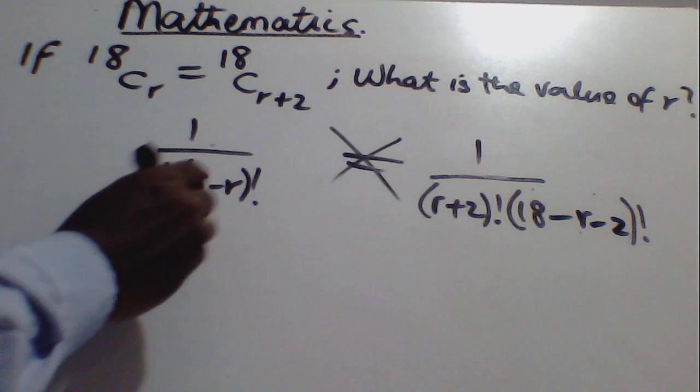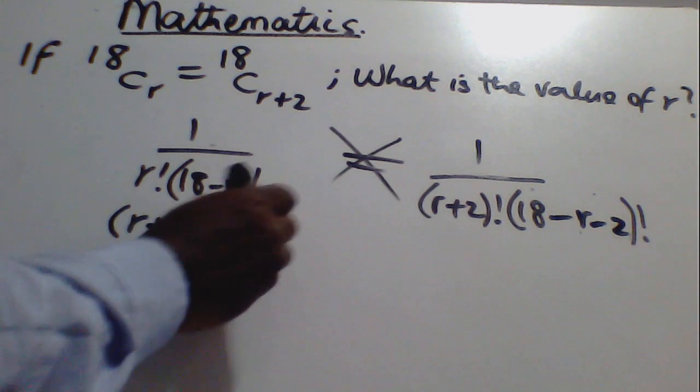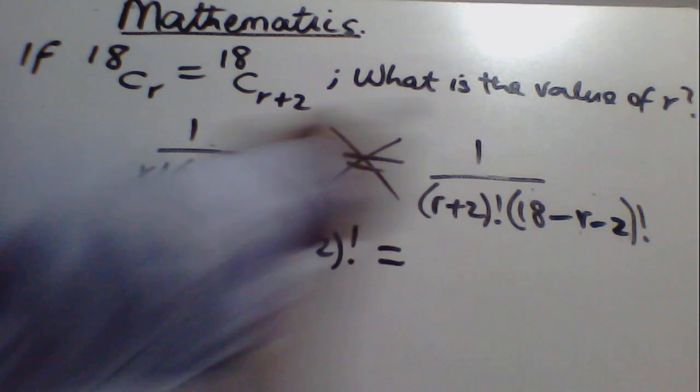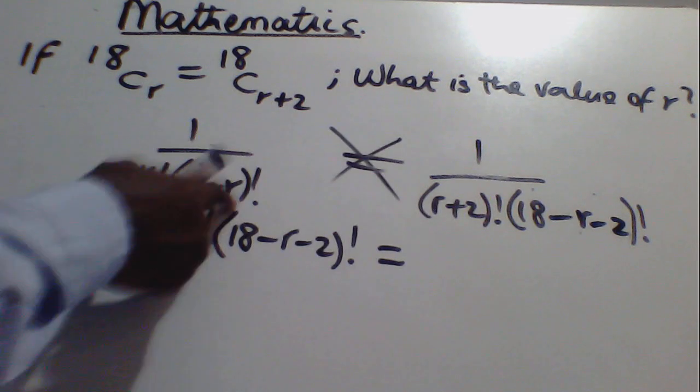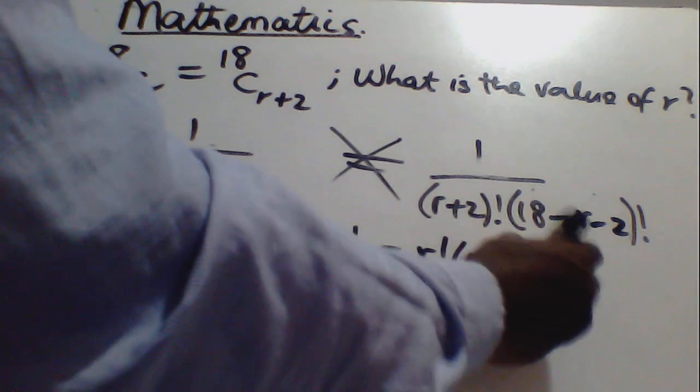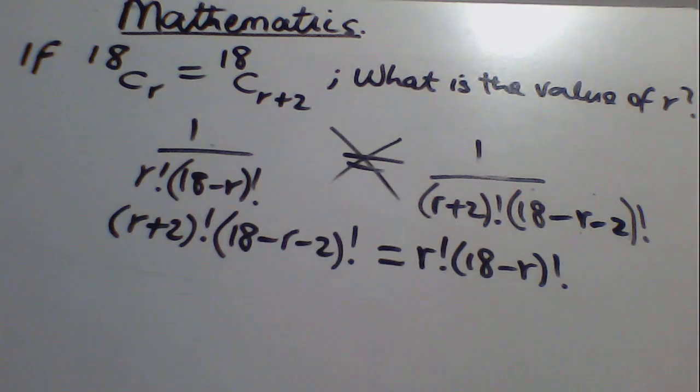We have (R plus 2) factorial times (18 minus R minus 2) factorial equals R factorial times (18 minus R) factorial. Next, look at the equation and see how you can simplify the left hand side to the right hand side.